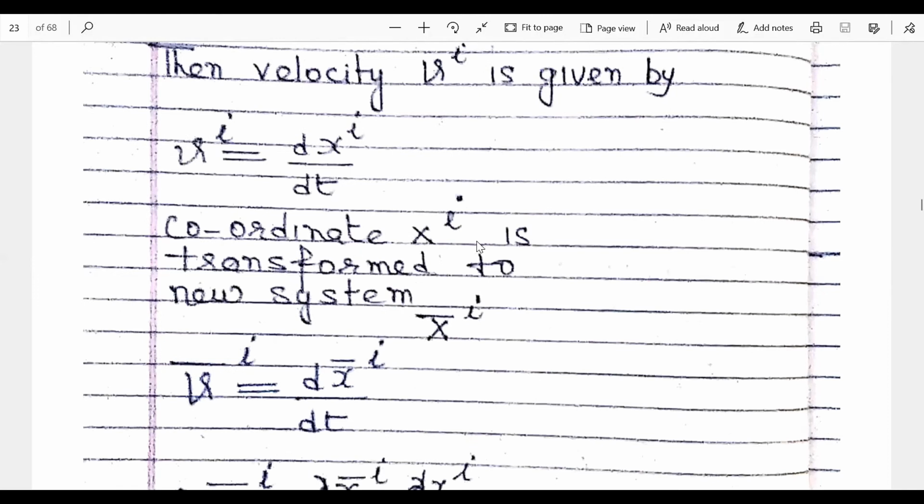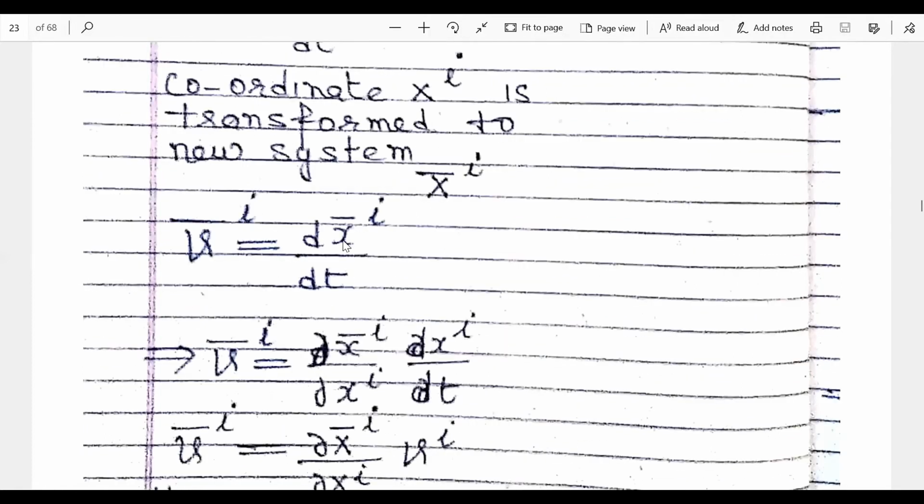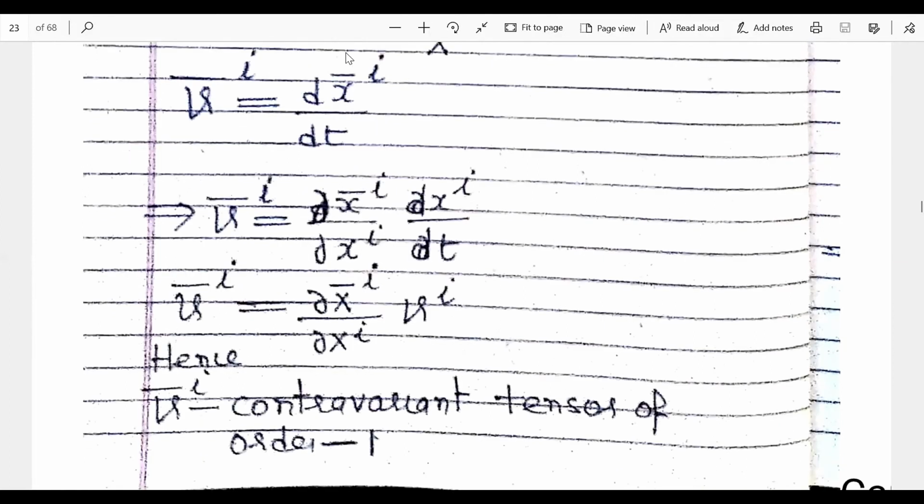Now the coordinate xi is transformed to the new system, which is x bar i. Then v bar i is equal to dx bar i over dt. This can be written, by the chain rule, as ∂x bar i over ∂xi times dxi over dt. So we introduce this variable.